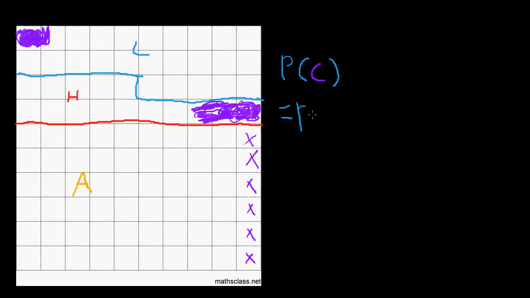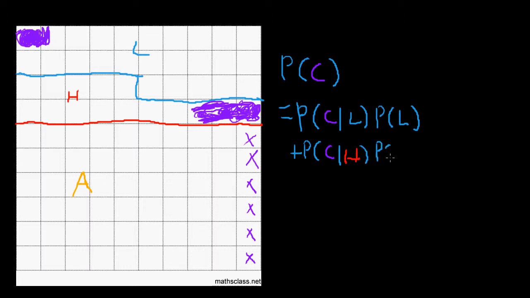Well, that's the probability of crash given that they're in the low risk group times the probability that they're in the low risk group, plus the probability of a crash given that they're in the high risk group times the probability that they're in the high risk group, and then plus the probability that they crash given that they're in the average risk group times the probability that they are, of course, in the average group.